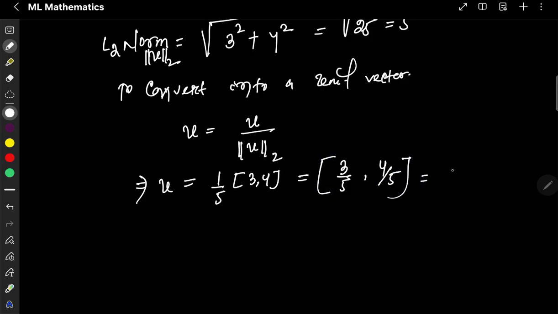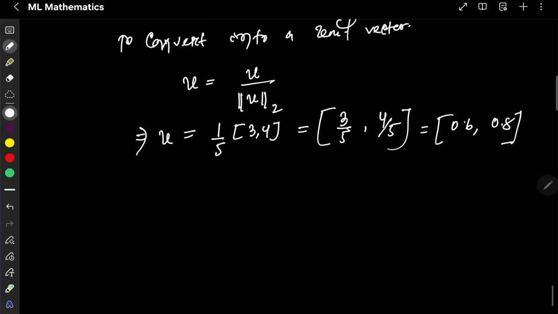What are these values going to be? The values are 0.6 and 0.8. Now you are not going to call it u, you are going to call it a new vector, and that new vector is v.